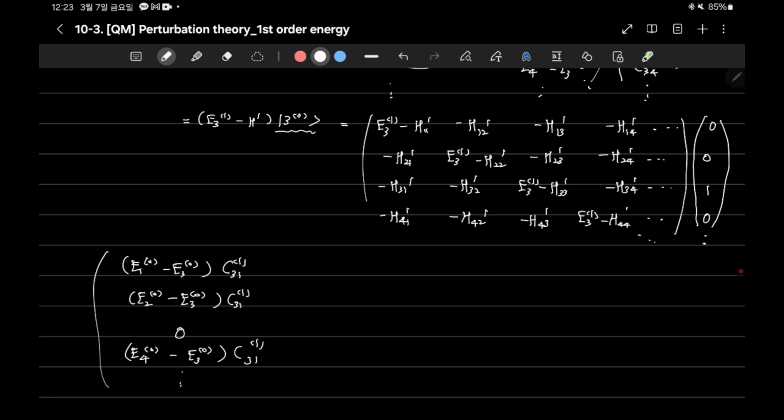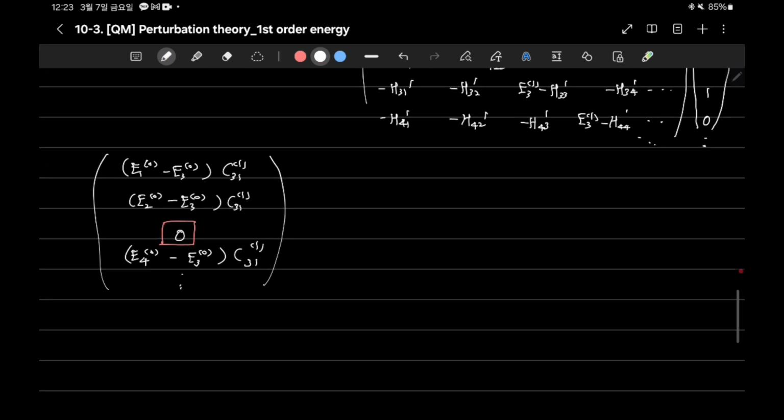This is the matrix. And let's keep in mind that the degenerate case is a 0.